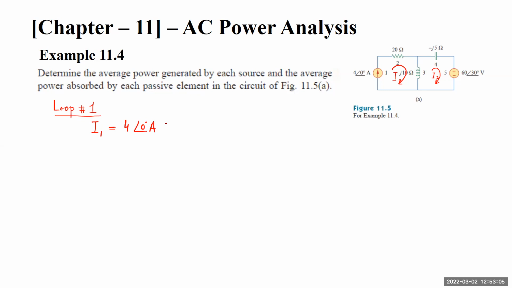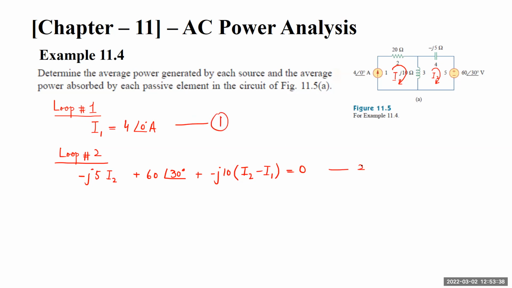For loop 2, we have minus J5 I2 plus 60 angle of 30 degrees, because the current is entering from the positive side and leaving from the negative side, plus minus J10 times (I2 minus I1) equals 0. This is my equation number 1 for the first loop, and this is equation number 2 for the second loop.